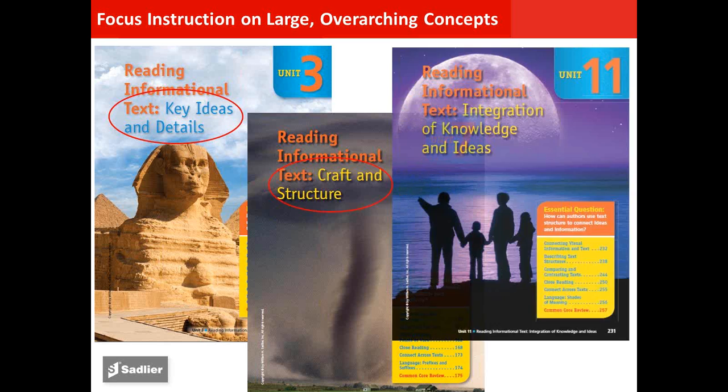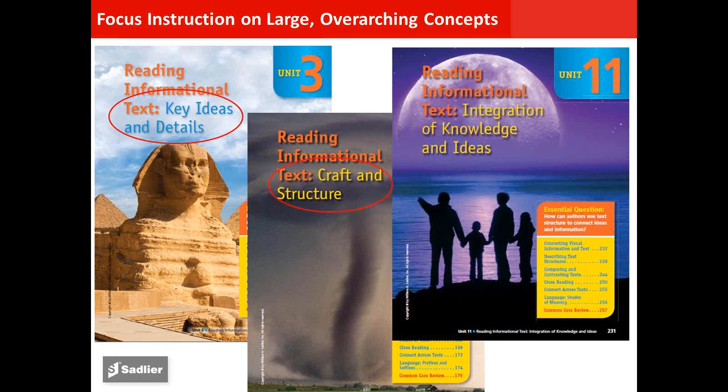The next unit opener is reading informational text and focusing on integration of knowledge and ideas. Usually the fourth topic in the reading strand, which is range of text complexity, is covered throughout the selected text that you bring into your classroom.